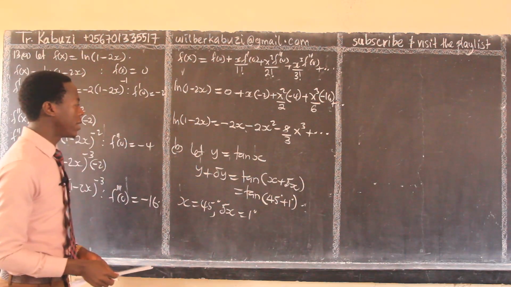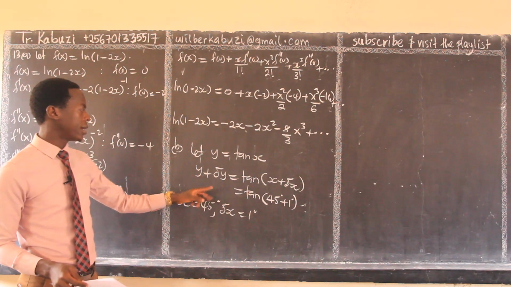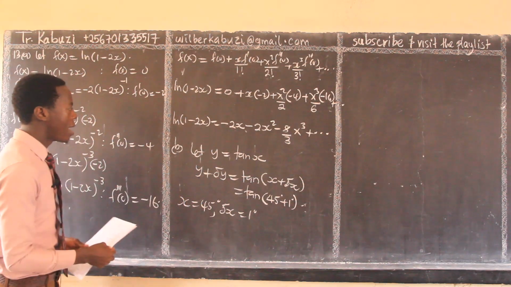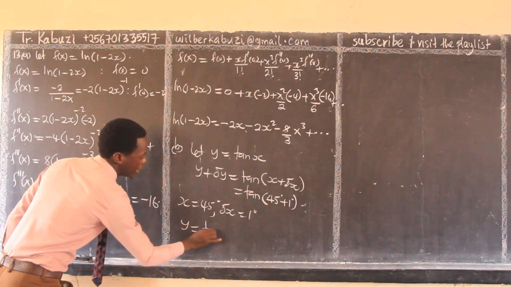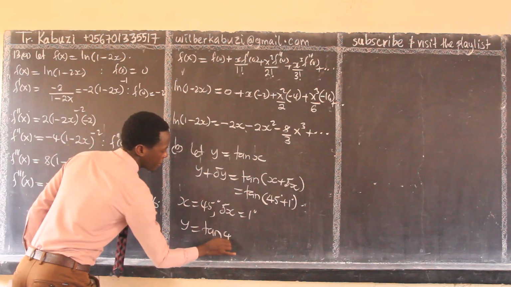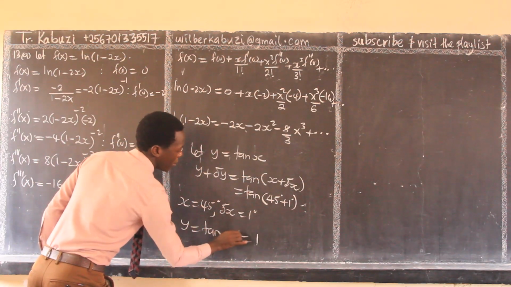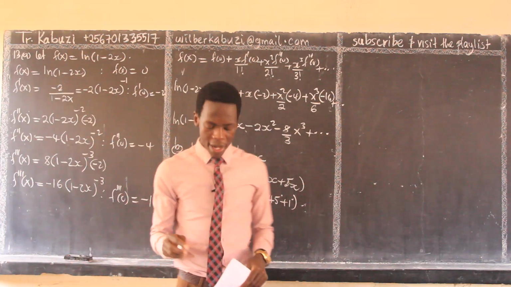So our interest now is to get the y and then the delta y. We can get y from here. Our y will be tan x, but our x is what? Is 45, which is 1. So we are missing now the value of what? Delta y.